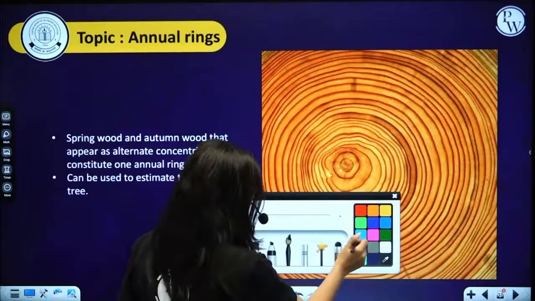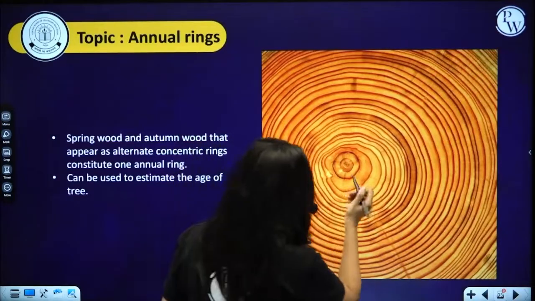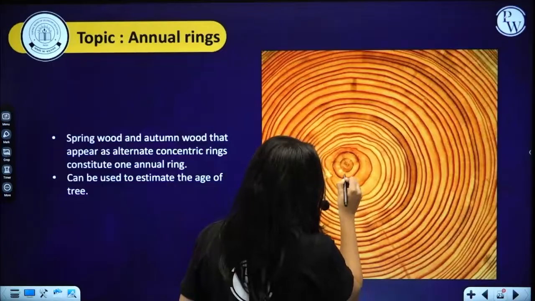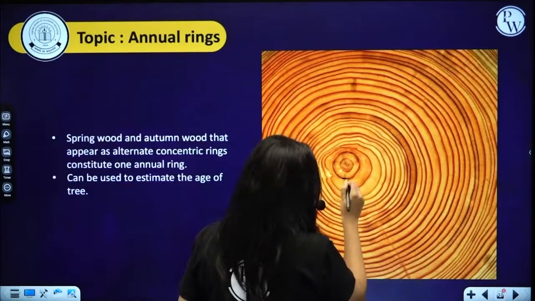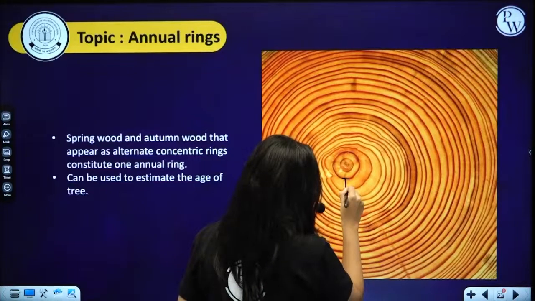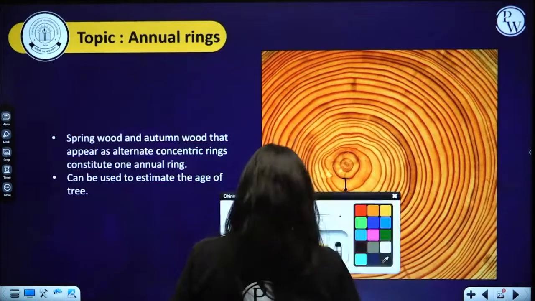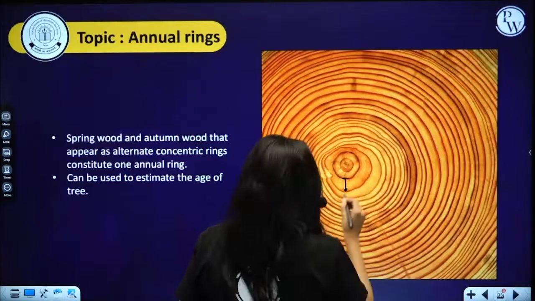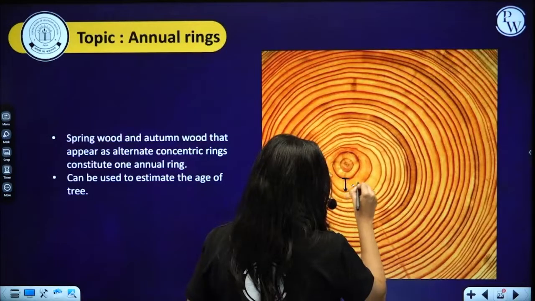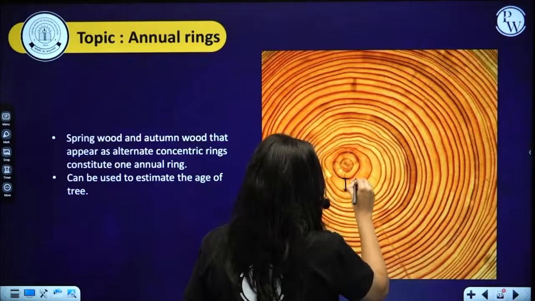Okay, so let me show it to you here. Over here, if you look at this here, from this dark band to, let's say, this dark band, okay? So over here, you can see a light region, right?